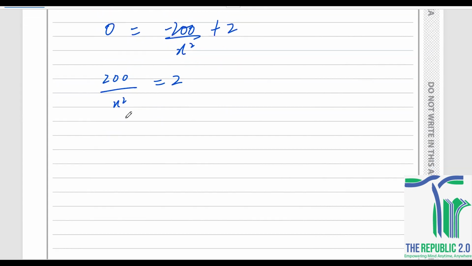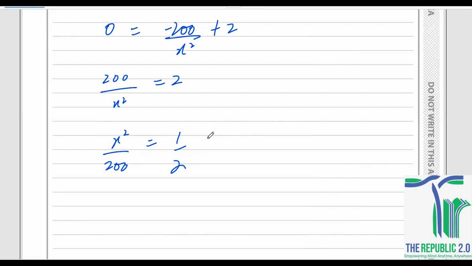Reciprocate both sides, and you would end up having x² over 200 equals 1/2, and x² would come out to be 100, and x should be ±10. So that is how we got the value of x for which it has a stationary point.